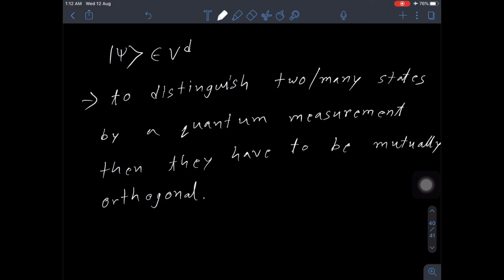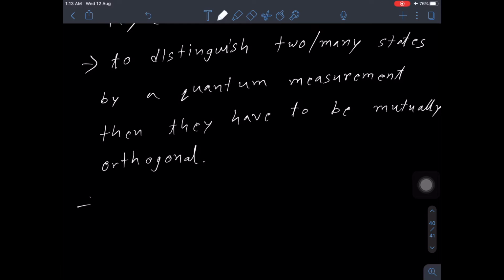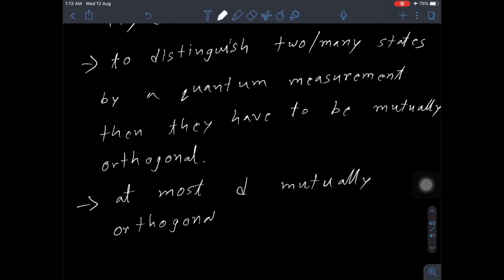Okay, so they are different pieces of information only if they are orthogonal, and as psi belongs to a d-dimensional vector space, there are at most d mutually orthogonal vectors.